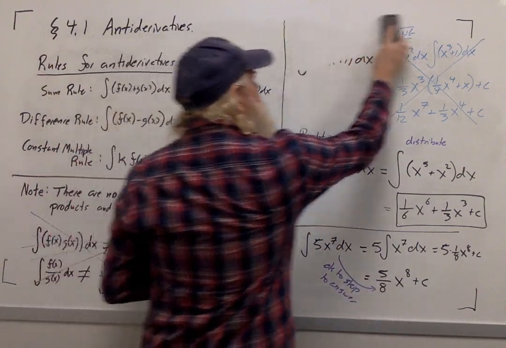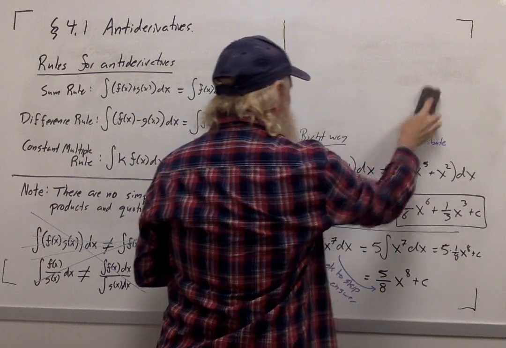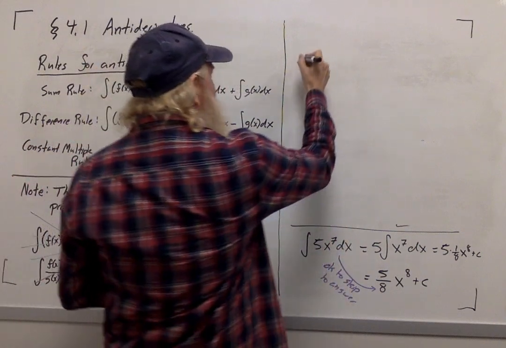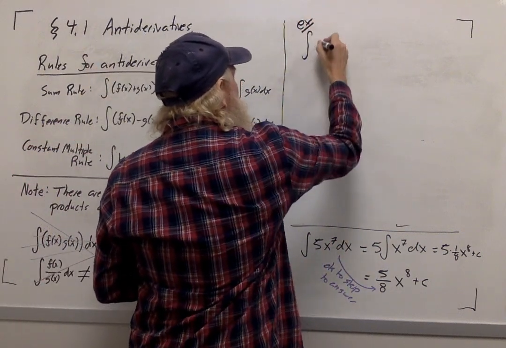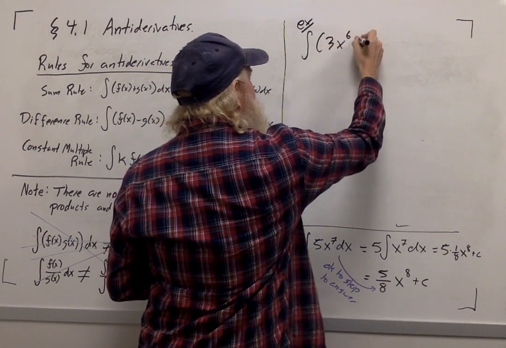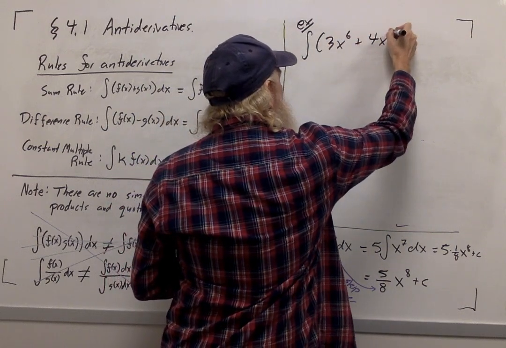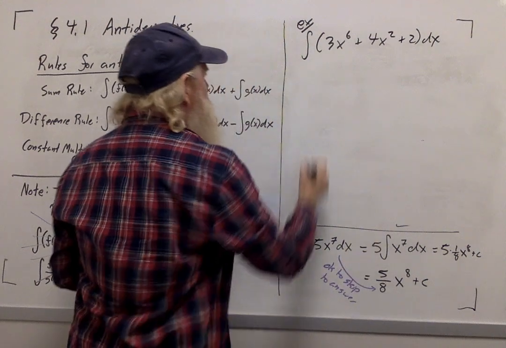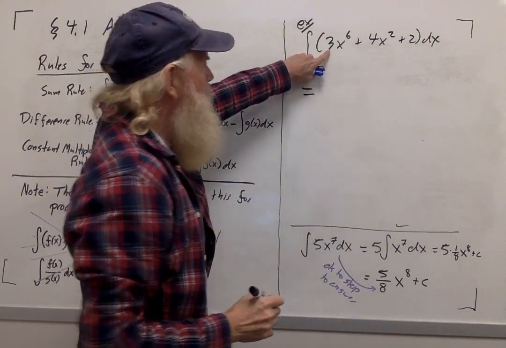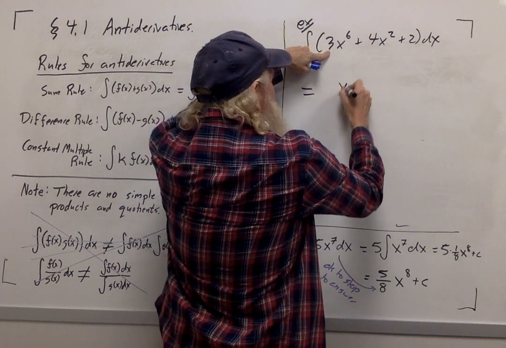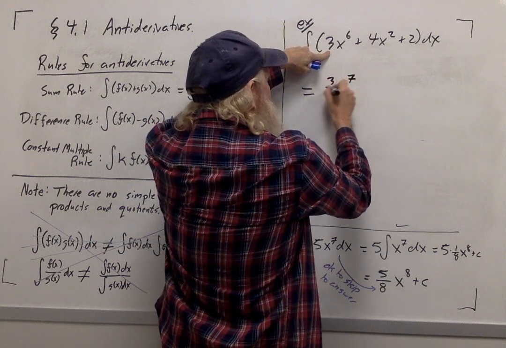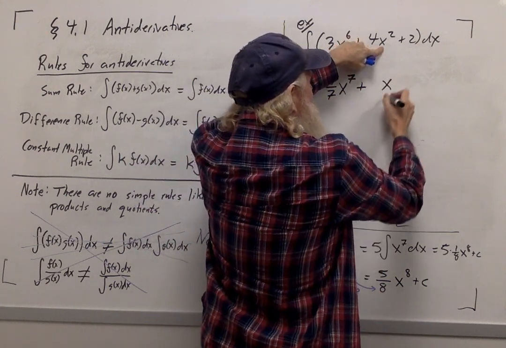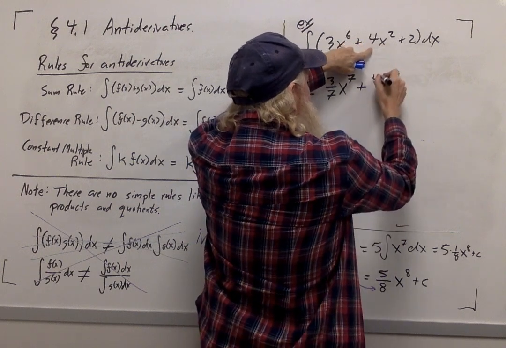So for example, if we want the antiderivative of 3x to the 6th plus 4x squared plus 2, it's fine with me if you simply go term by term, add 1 to the exponent, divide by the new exponent, so 3/7 x to the 7th, plus, add 1 to the exponent 2 to get 3, divide by the new exponent.